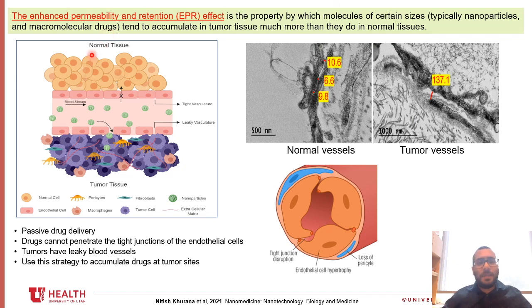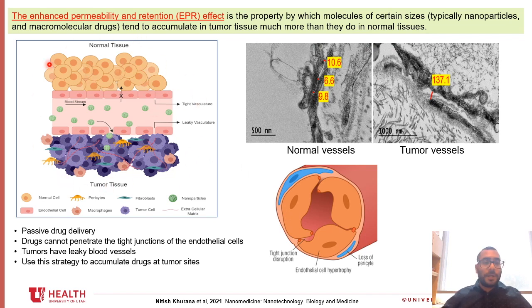So, what is the EPR effect? The enhanced permeability and retention effect, or the EPR effect, is the property by which molecules of certain sizes, typically nanoparticles, tend to accumulate in the tumor tissue much more than they do in normal tissue. Now, let's see what happens here.